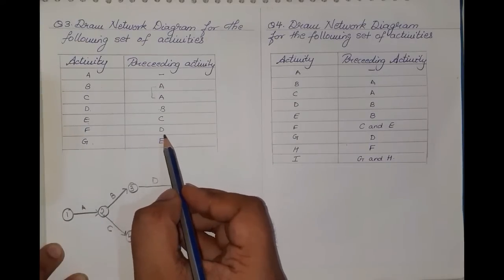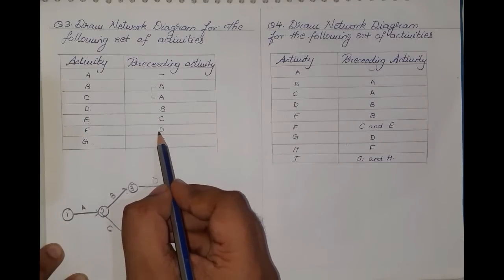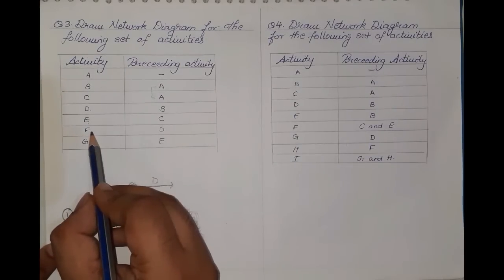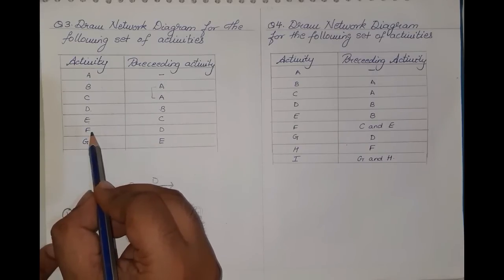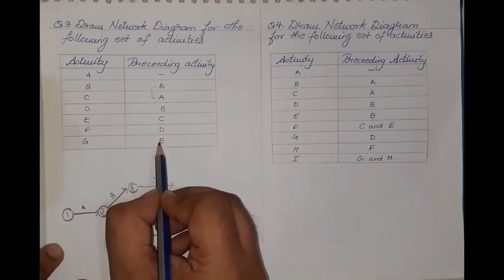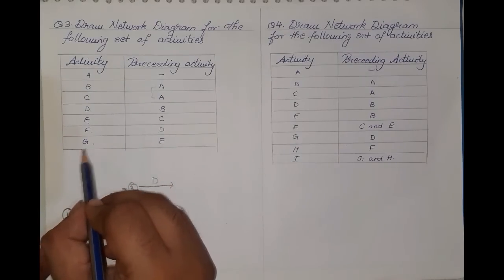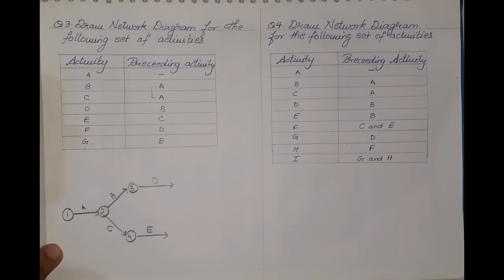Now later on it is given that from activity D, activity F has evolved, and from activity E, G has evolved. Now look at this very carefully. None of these two points are merging to one single point. Now we need to have a closed network diagram.